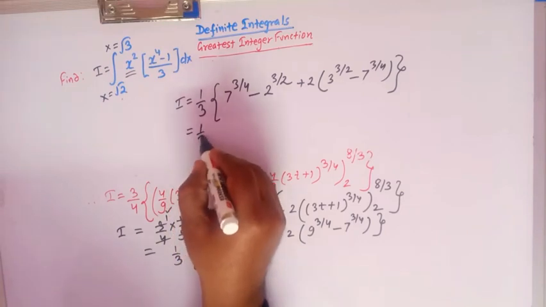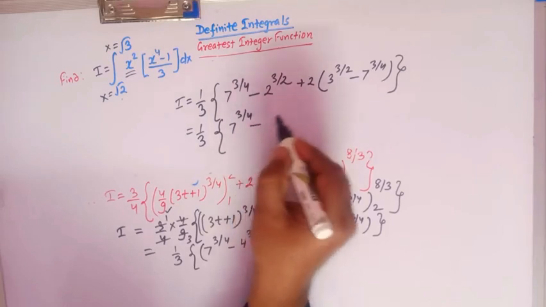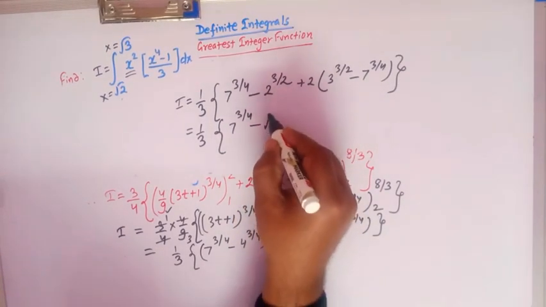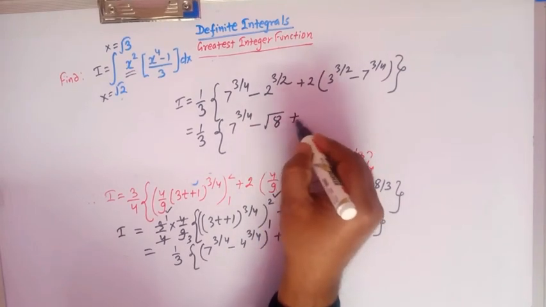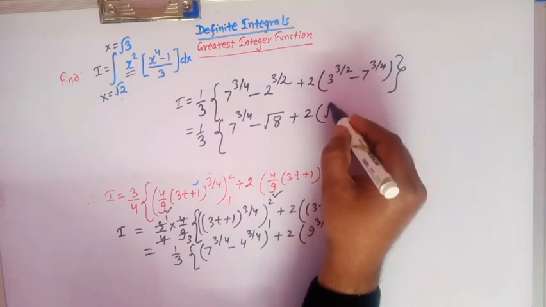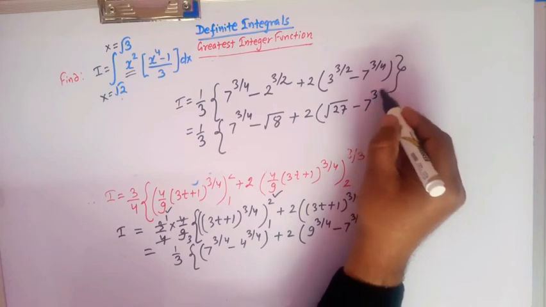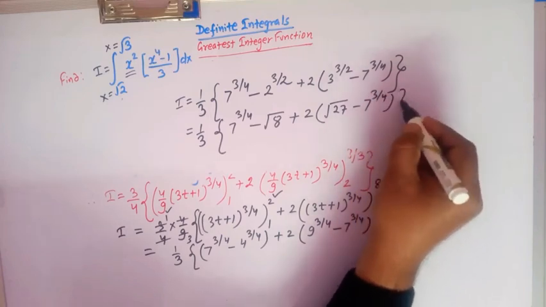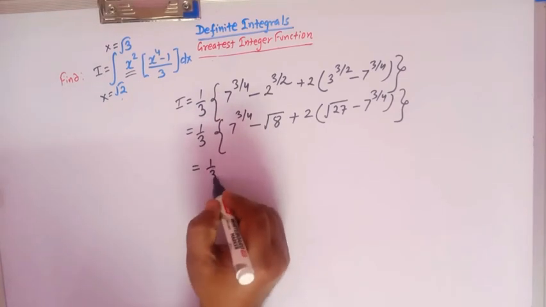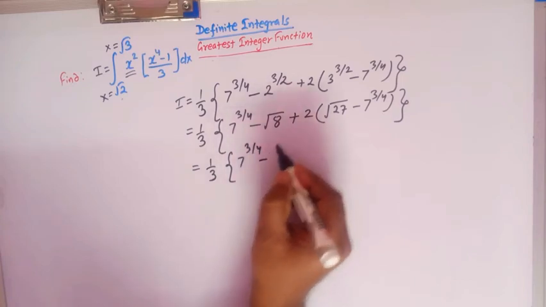Okay, now we have 1 over 3 and 7 raised to 3 over 4 minus 2 raised to 3 by 2 can be written as square root of 8, and here 3 raised to 3 by 2 can be written as square root of 27, and here we have 7 raised to 3 over 4, right? So now this is 1 over 3, and here we have 7 raised to 3 over 4.